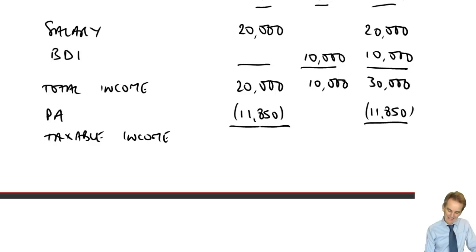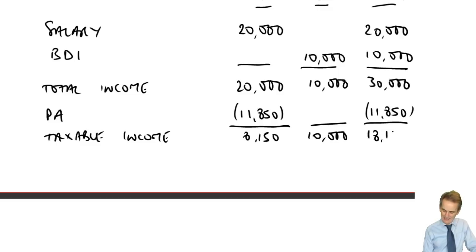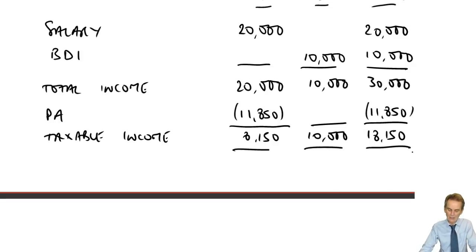Oh, did I say 18,000? There's my mental arithmetic. That will be 8,150. This is 10,000. I know there's an 18 somewhere. Our total would be £18,150.